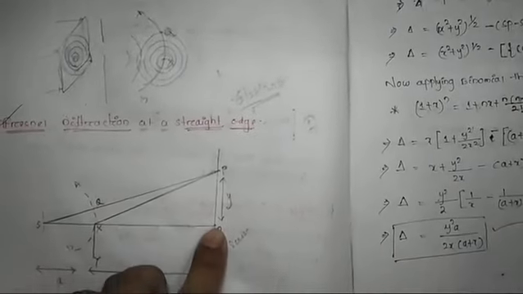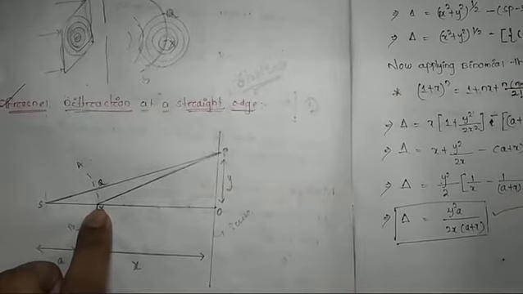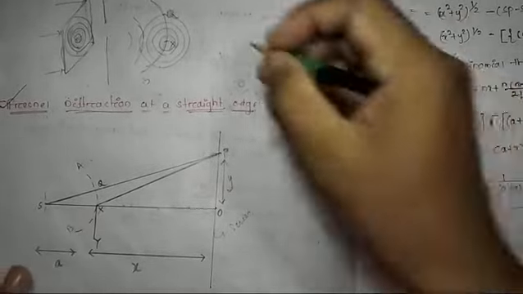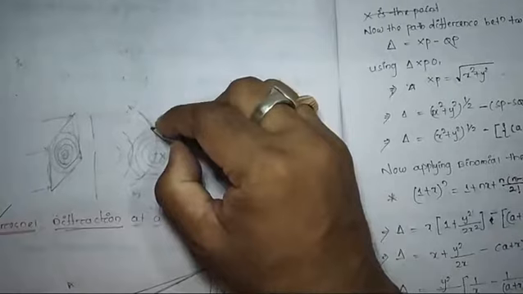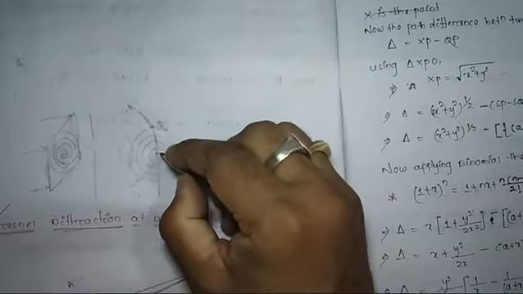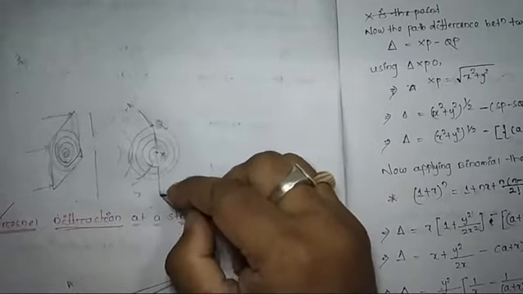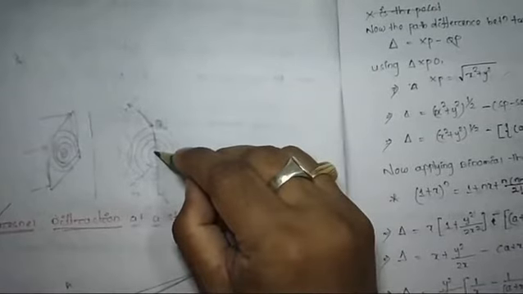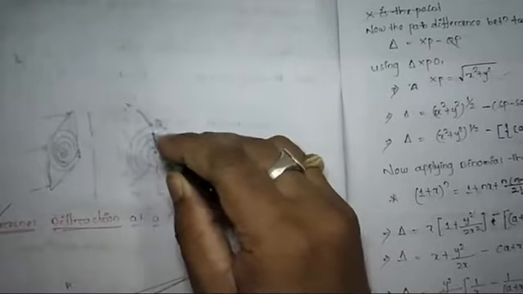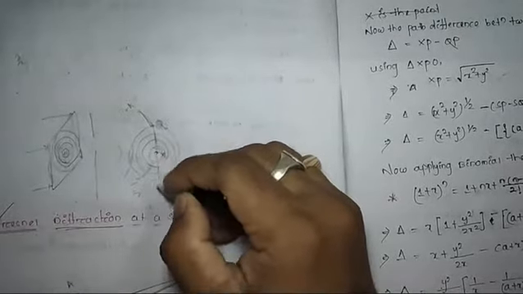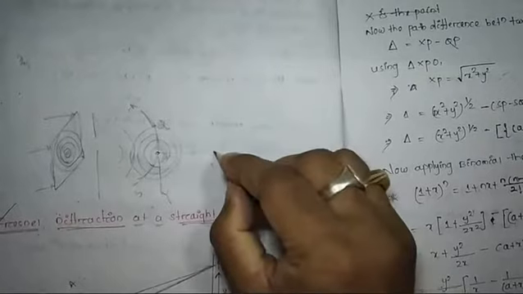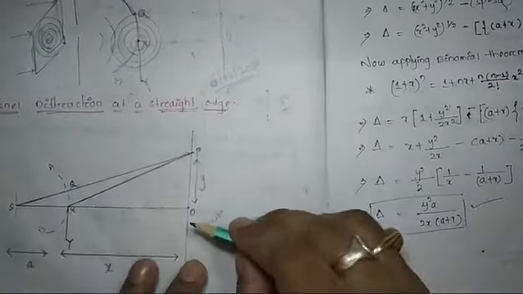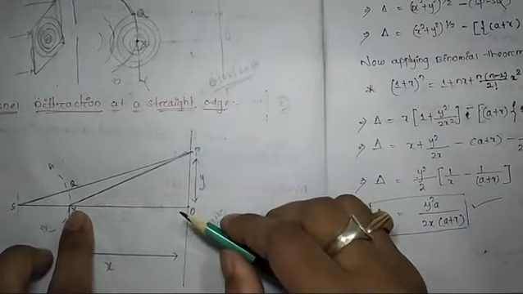If we consider the point O, then X is the point which can be called the pole. If the wavefront is AB, and this is the X position and this is the Y position of the straight edge, then this middle point, where the wavefront's middle part touches the edge, will be called the pole, and it has to be joined straight to the screen at O like this. So this X point will be called the pole.